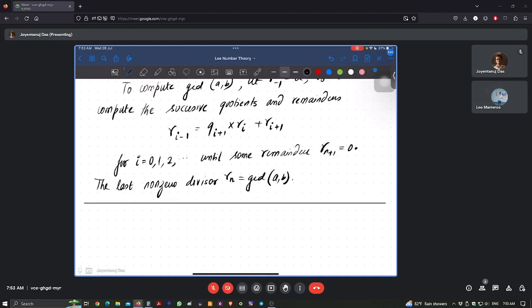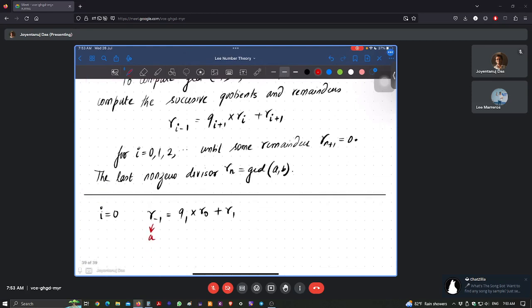Now let me explain. r_{-1} equals q_1 times r_0 plus r_1, if I put i equals 0, the first step. But we have taken r_{-1} to be a, and r_0 to be b.